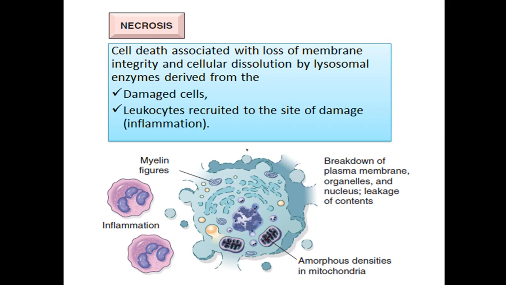Mostly in necrosis there is an element of inflammation, because the necrotic cell death or injury will cause infiltration and recruitment of inflammatory cells, initially neutrophils and then macrophages and lymphocytes.